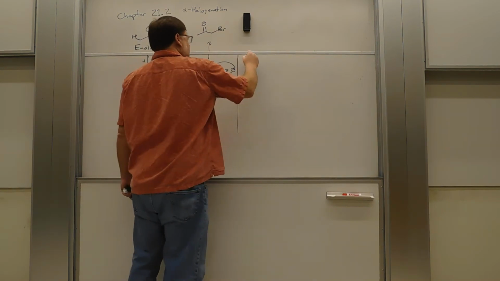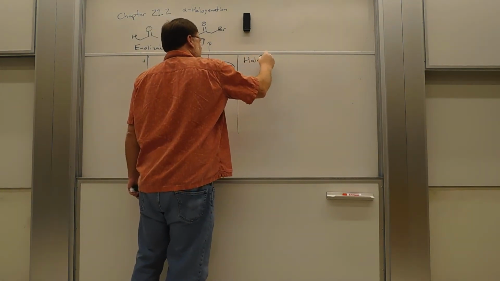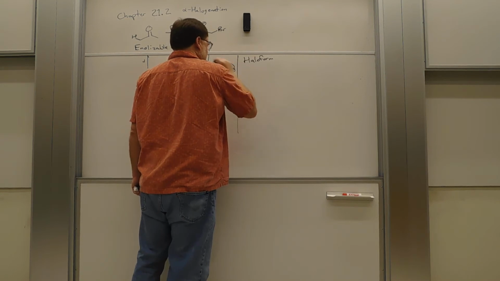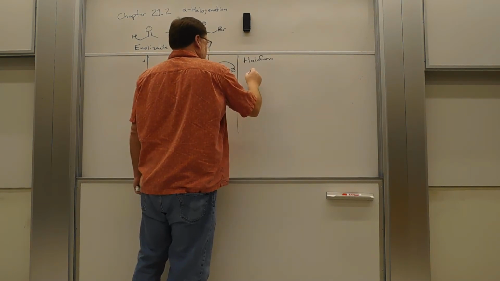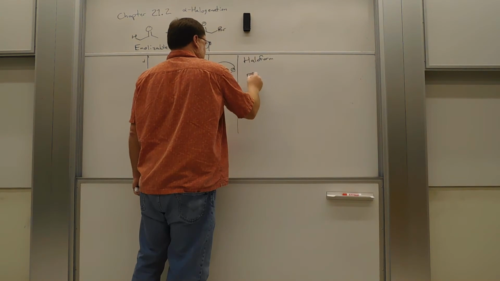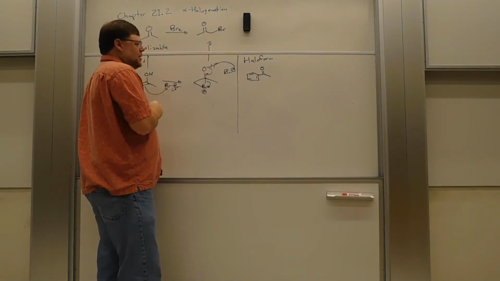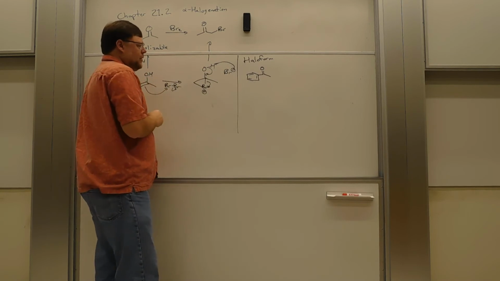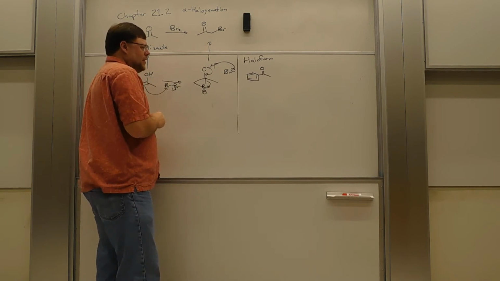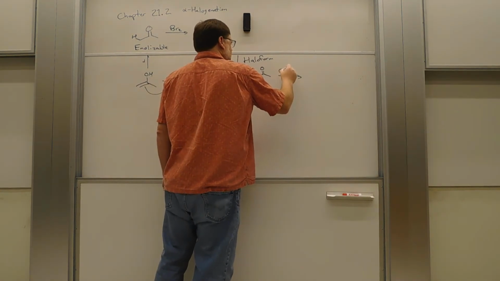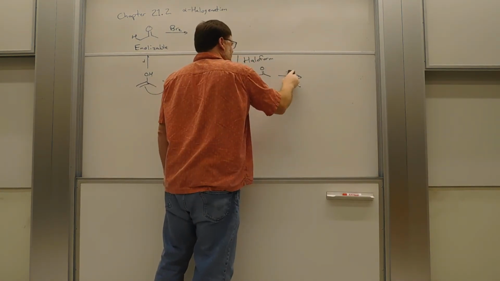There's a reaction that we talked about in class called a haloform. Let's do this to keep it a little simpler. If we take a methyl ketone like so, you could make that with a Friedel-Crafts acylation from chapter 18. And if we treat this with, no, that's not right, drawing a problem.